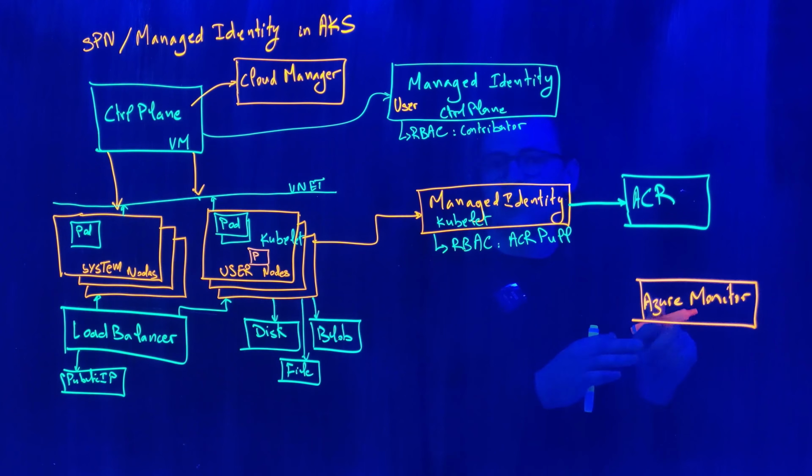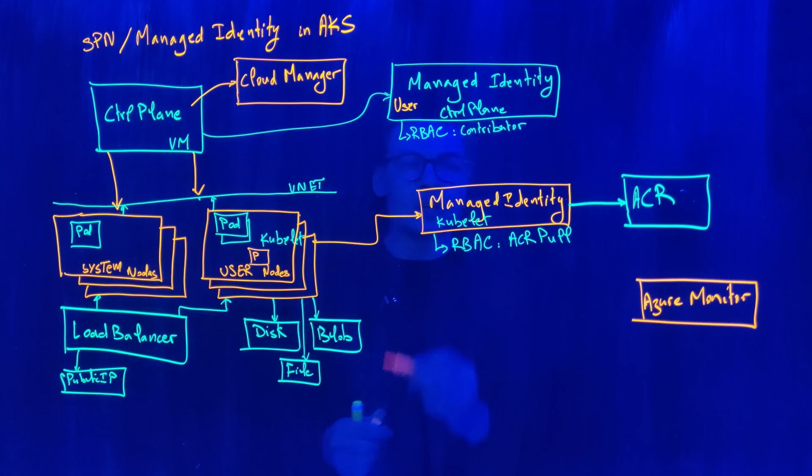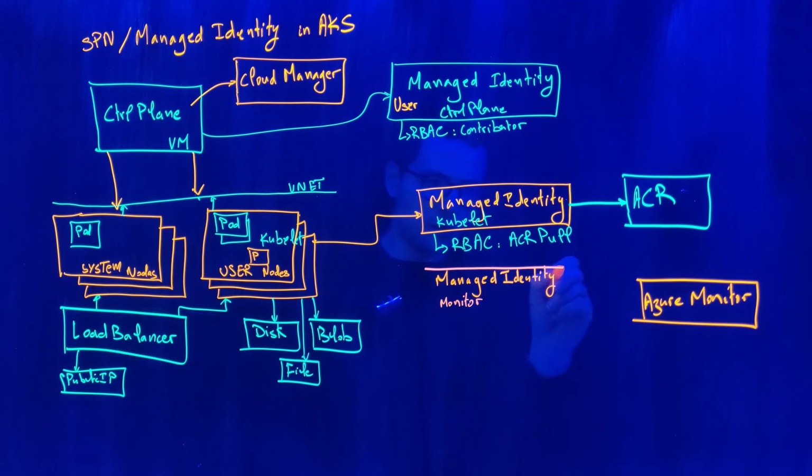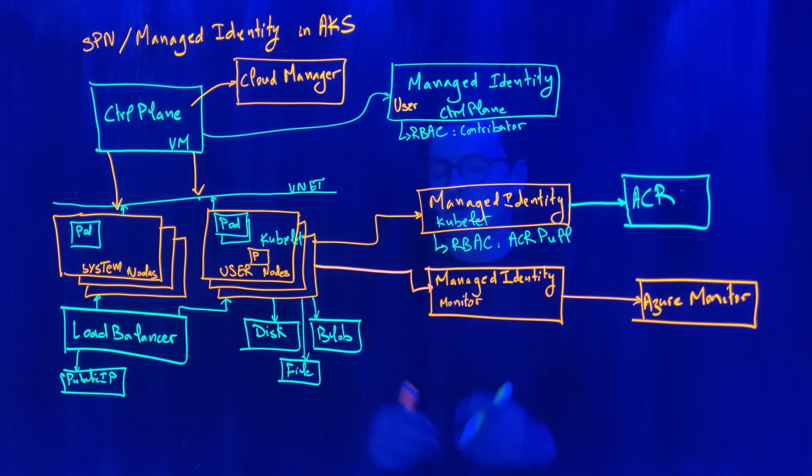For that reason, they will need to authenticate and authorize. The solution here would be natively to use another managed identity to authorize sending that data into Azure Monitor. So from here, I would have another managed identity in my cluster, and this one will be used for Azure Monitor. Yet we still might have a fourth managed identity in the cluster.